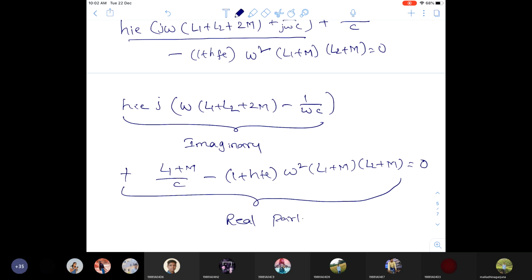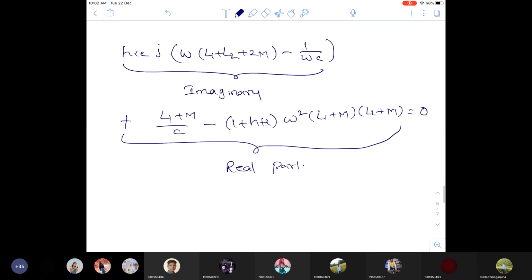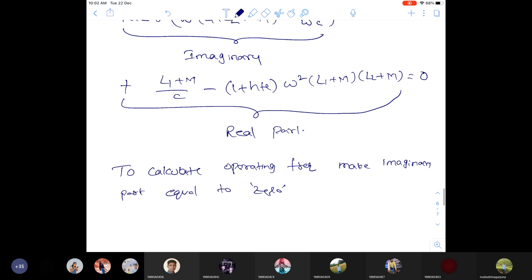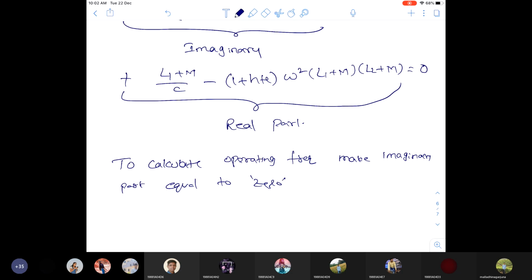So this is the real part. To calculate the operating frequency or resonant frequency, make the imaginary part equal to 0.